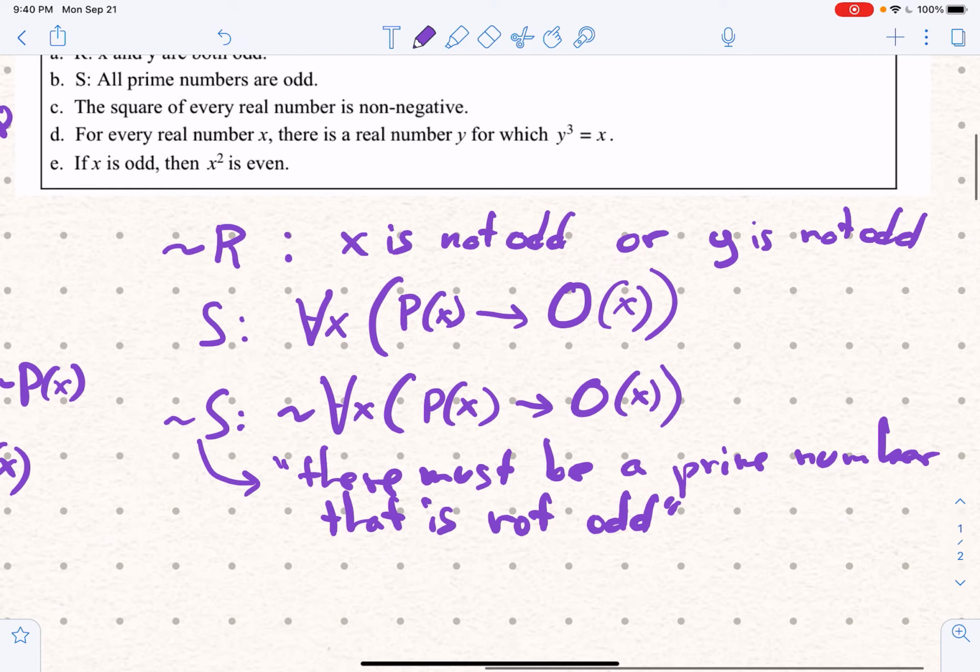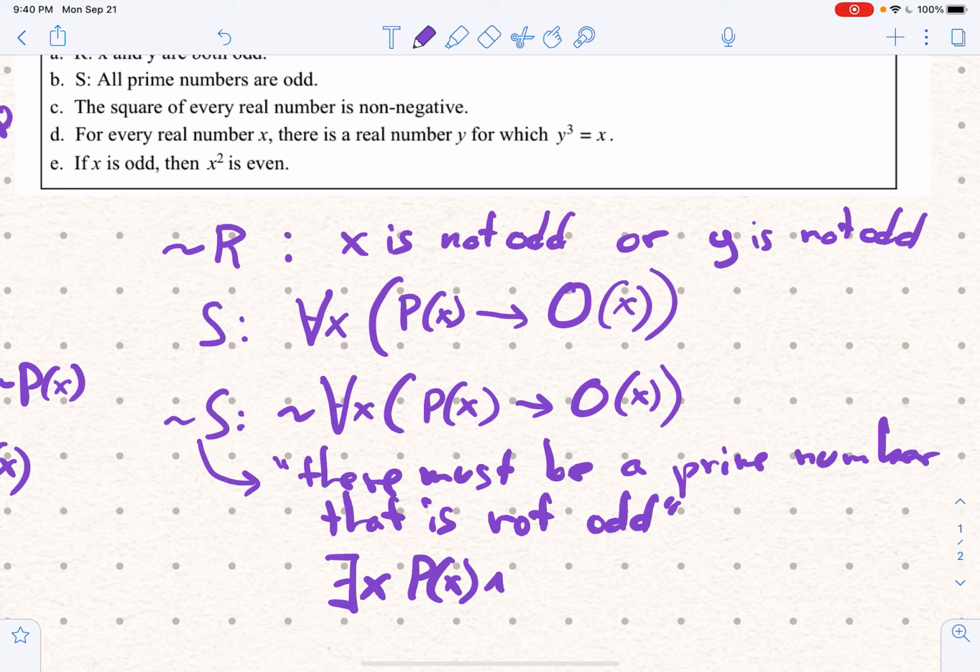And how would we write that down? Well, there exists an X such that X is prime, and it's not the case that X is odd. This is meant to be a negation here. So there is an X such that X is prime, and not X is odd.